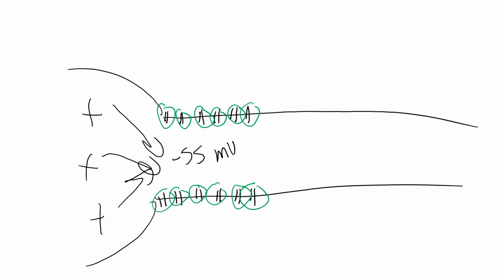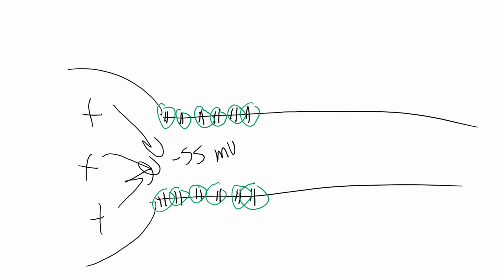And we've gotten enough sodium ions into the hillock region to depolarize it by 15 millivolts. That then triggers these voltage-gated sodium channels within the axon hillock to open up. The voltage is what does it, or the voltage change, I should say.